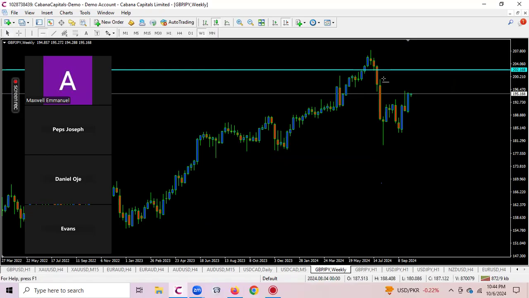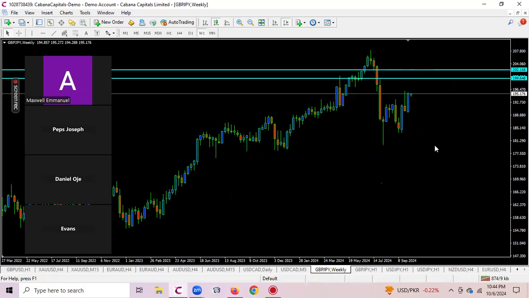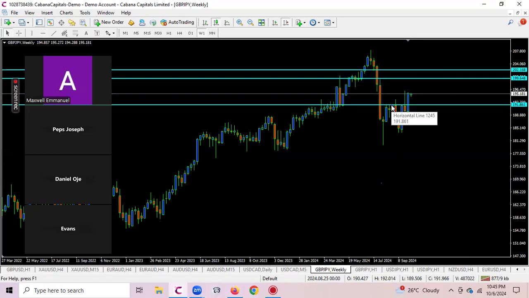If you attended last week's session, I told you guys there's a high probability that GJ will come fill this gap before going bearish. So GJ is bullish at the moment. But you would agree with me that this won't be the right time or a good price to buy GJ, right?